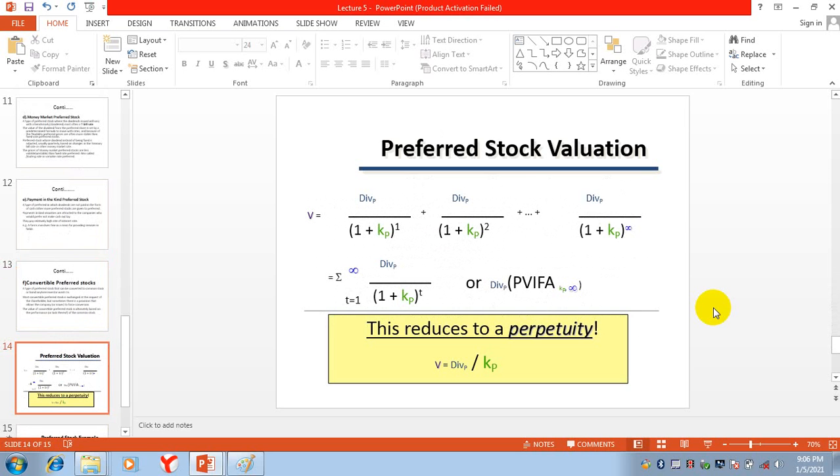Today we are going to discuss preferred stock valuation.